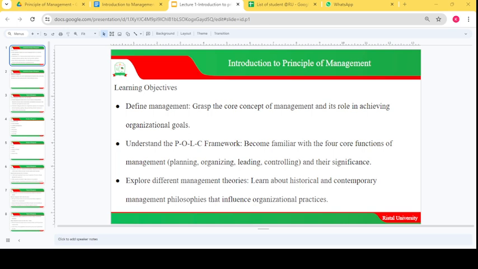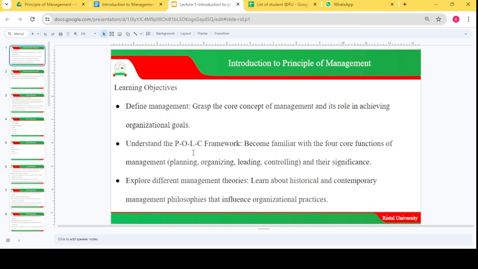We are going to look at Introduction to Principle of Management. So let's look at some of the learning objectives. Define management. At the end of this lecture, we expect you to be able to define what management is, and then you should know the roles in achieving organizational goals.